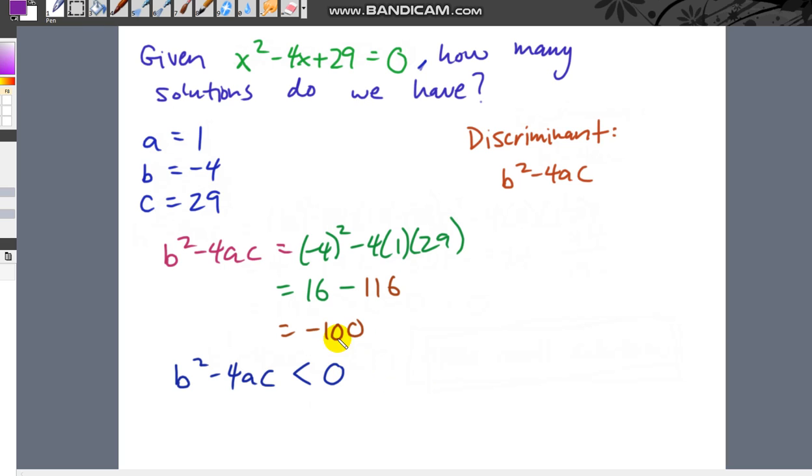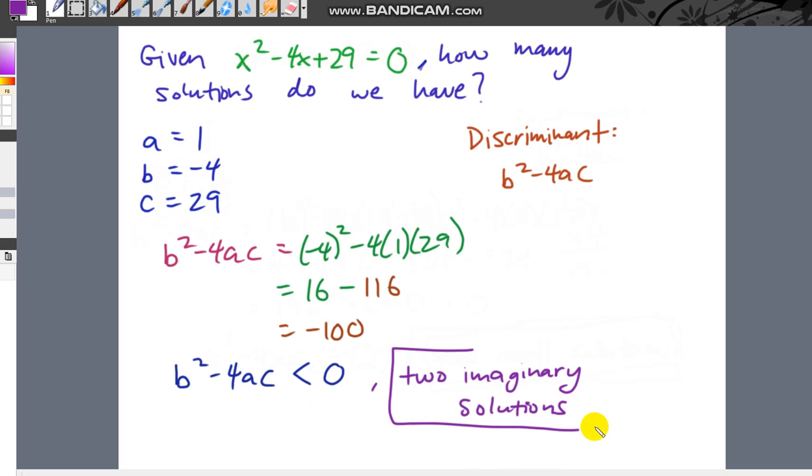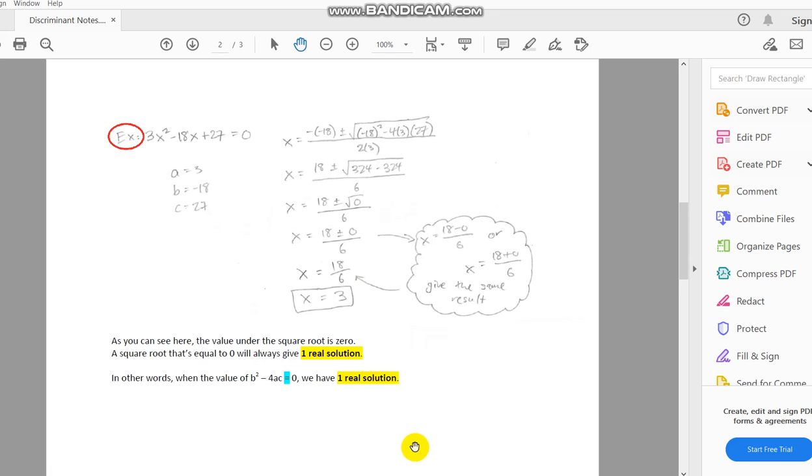Because this value is less than 0, we have two imaginary solutions. Let's check that to see if that's what we got here.